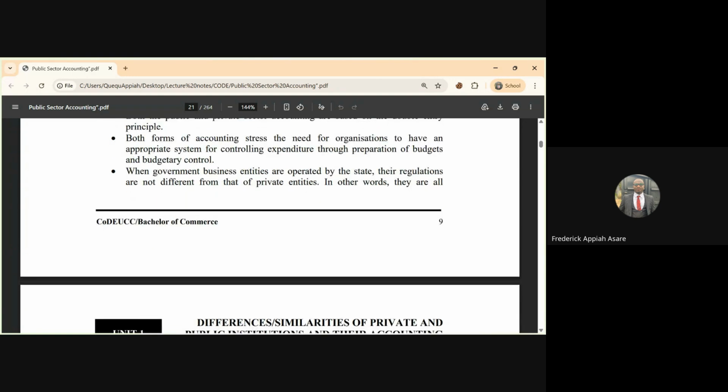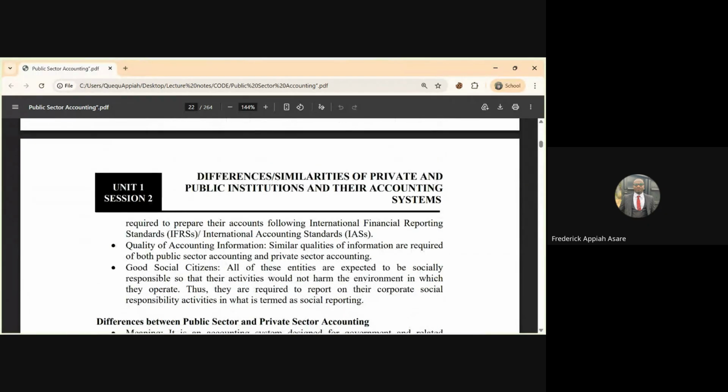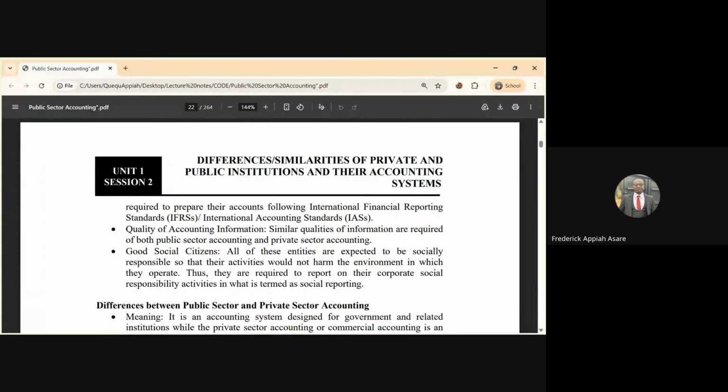When government business entities are operated by states, their regulations are not different from the private entities. In other words, they are all required to prepare their accounts following the international financial reporting standard, that is the IFRS or the IAS. The quality of accounting information is similar: relevance, faithful representation, and so on.